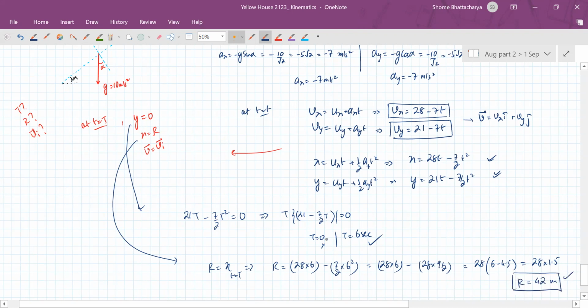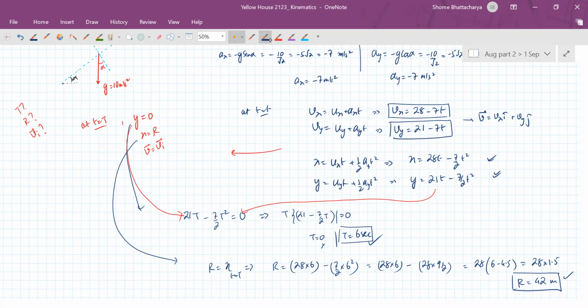Range is this. Okay. So hope the calculation part is clear, people. We have just made use of this equation, along with this fact. And now we'll just substitute the time of 6 seconds in Vx and Vy. So we'll get the impact velocity.